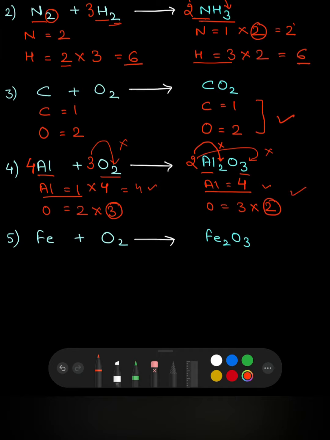Now the last chemical reaction is with iron and oxygen, which gives iron oxide. First we have to write the atoms participating in the chemical reaction.